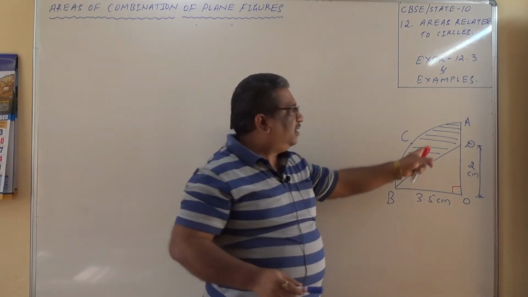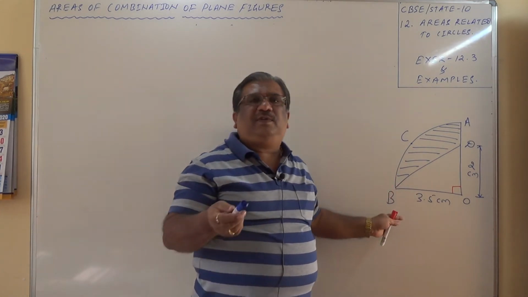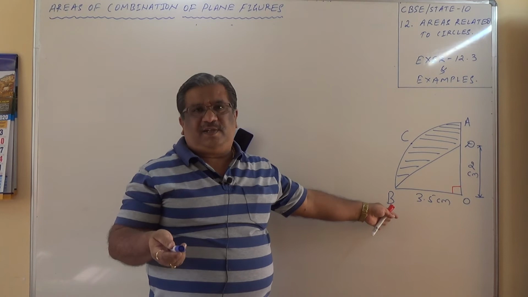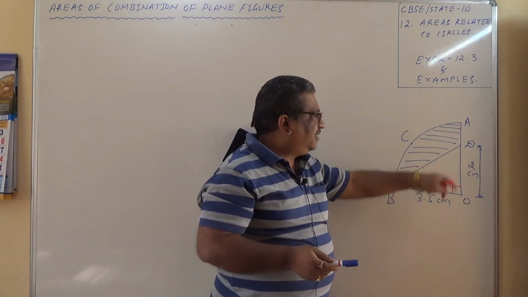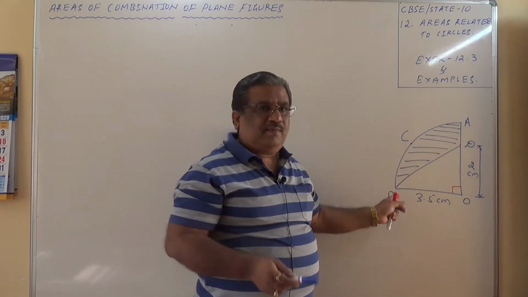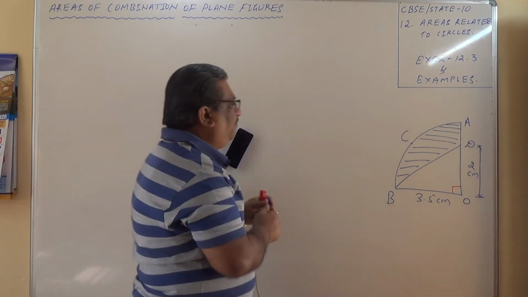So area of the quadrant OACB is equal to 1/4 pi r square, or 90 by 360 pi r square, and area of the shaded region is area of the quadrant minus area of the triangle OBD. So let us solve this now.